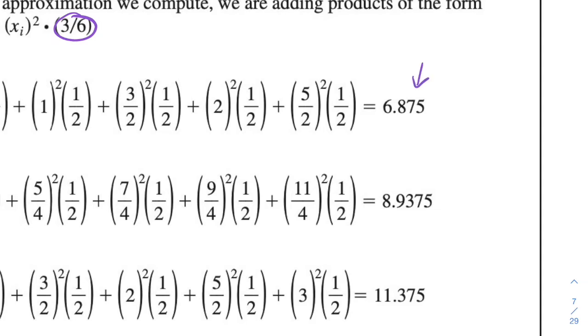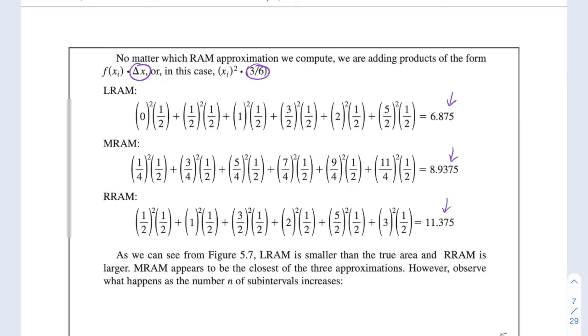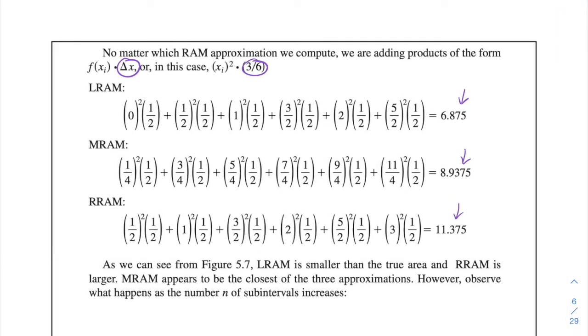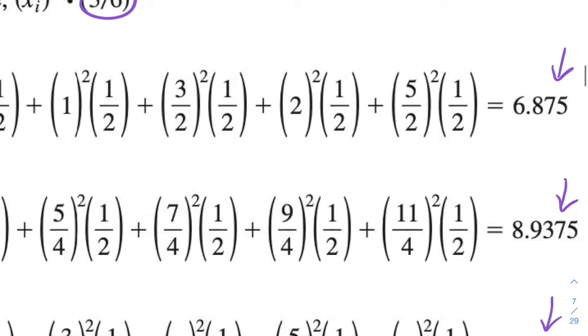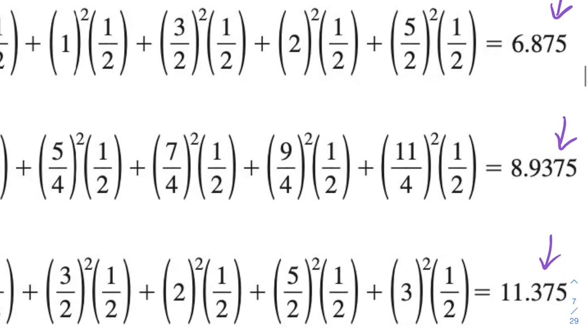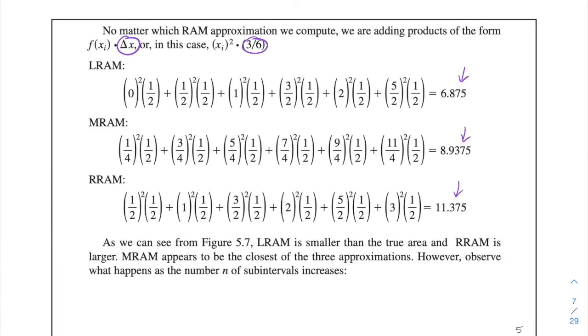And look at this, 6.875, 8.9375, and 11.375. They actually did all of that work. They wrote it a little bit differently. Notice they wrote it in fraction form, and this is actually pretty easy to do in fraction form because when you're squaring 9/4, it's 81/16. So it's actually easy to do if you don't have a calculator, and you can piece it all together.